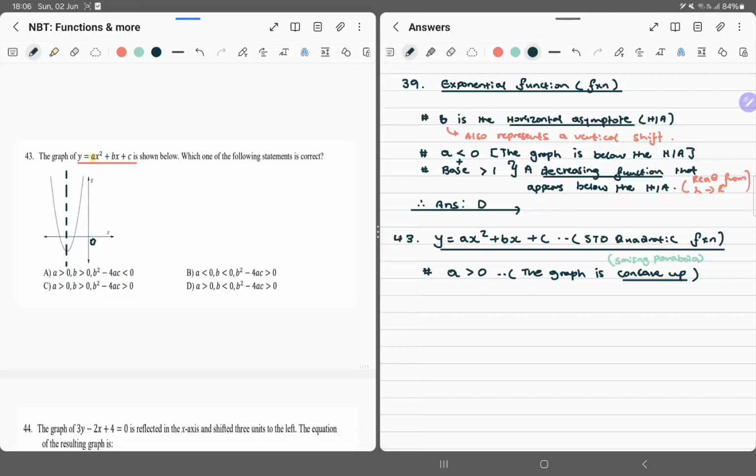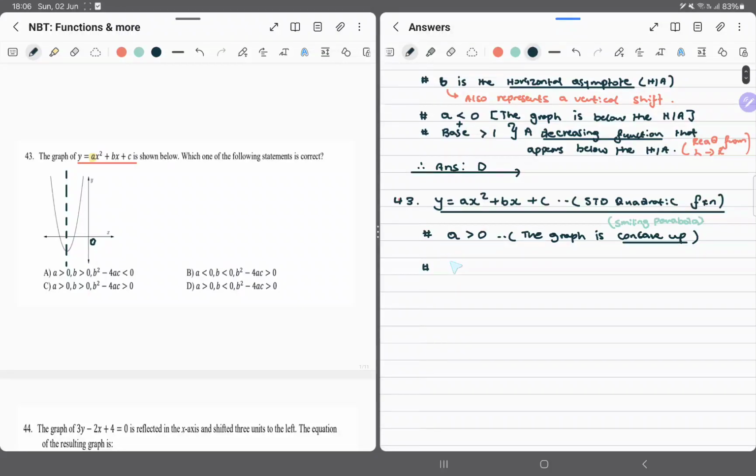So what does that mean? We understand that in this function, the x coordinate at the turning point gives us the axis of symmetry. But now we look at this graph, we can see that that x coordinate is negative. So this implies that minus b over 2a is less than 0.